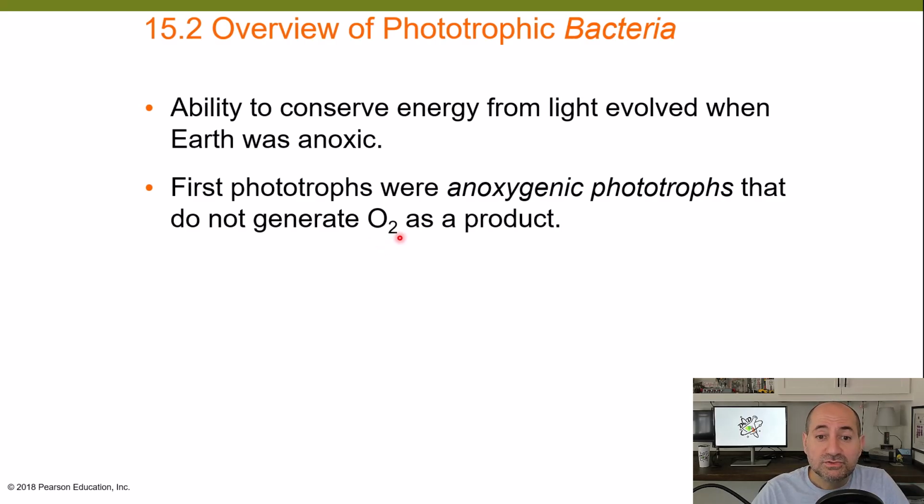Those phototrophs that produce oxygen as a product use water for photosynthesis as an electron source. Those that do not produce oxygen do not use water as their electron source. So that's a good shortcut, cheat sheet way of remembering the difference between the two.